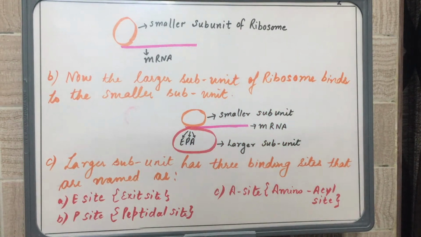Here one must remember that the larger subunit of the ribosome has three sites: E site, P site and A site. E site is called the exit site, P site is called the peptidyl site, and A site is known as the amino acyl site.